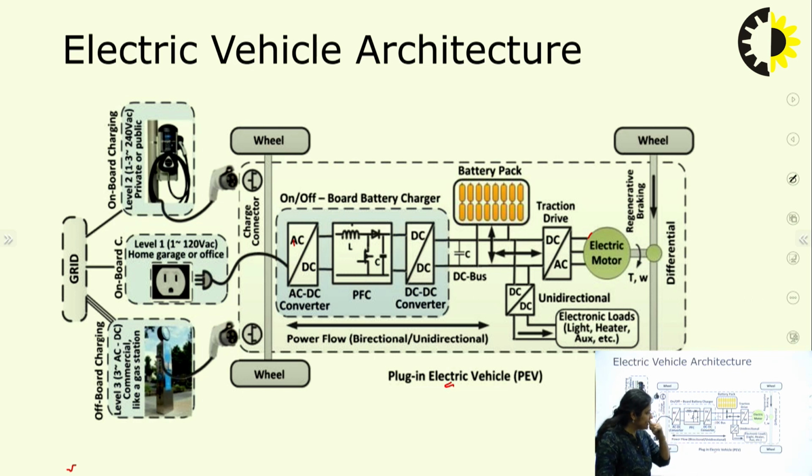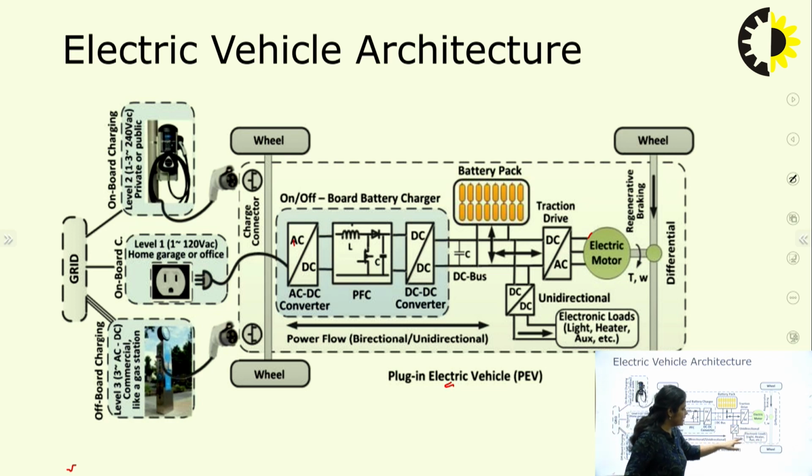And this other DC to DC converter is also used to give the supply to the electronic items inside the vehicle, like the charger and the music system and all. So this small-rating DC to DC converter is used for this.